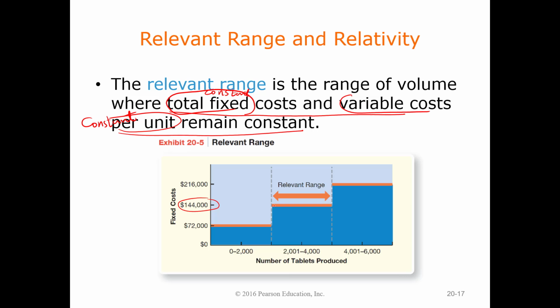And then we will have a new relevant range. After this relevant range reaches its maximum, we start moving, and in some books we call it a step cost. Why step cost? Because actually it is like stairs. This is step 1, step 2, step 3, and so on.